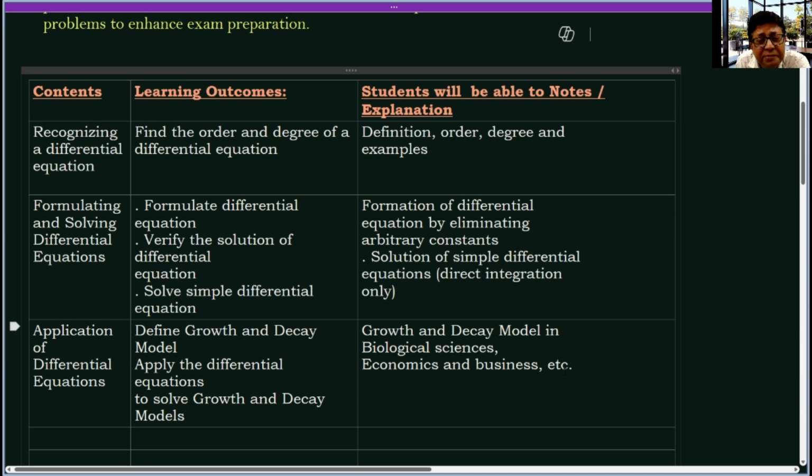In business, same, economics and business we cannot distinguish. They are related. For application in economics, business, biological sciences, even the simplest application is expected from you, believe me, no need to do very difficult sums. Sums will be mostly of growth and decay model.